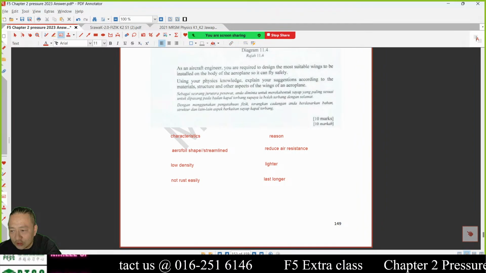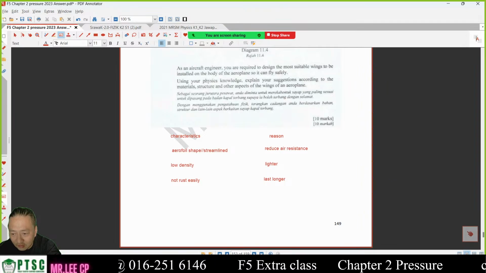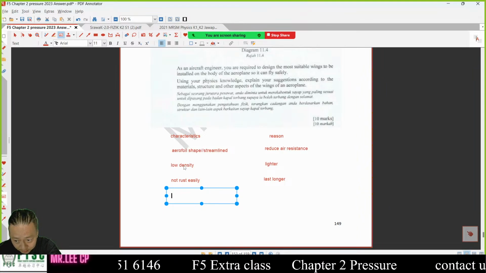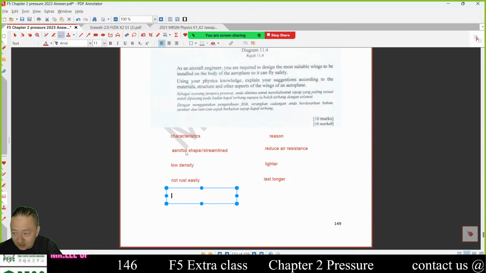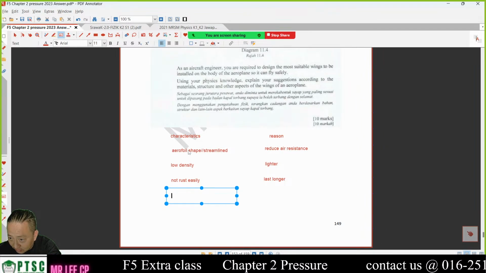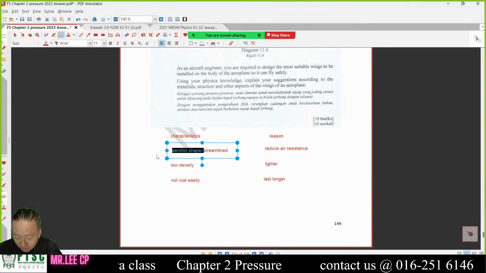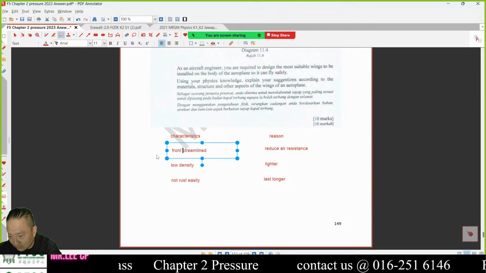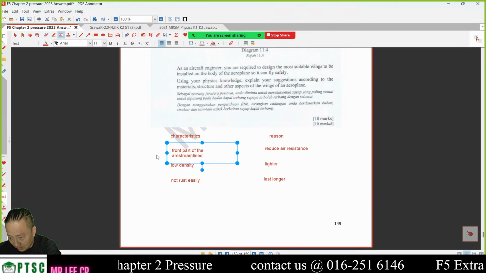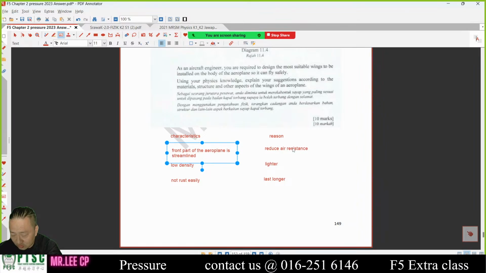Structure. The wing of the aeroplane is aerofoil shape, right? So this is the front part of the aeroplane, right? If you put a streamline, the front part of the aeroplane is streamlined to reduce the air resistance.